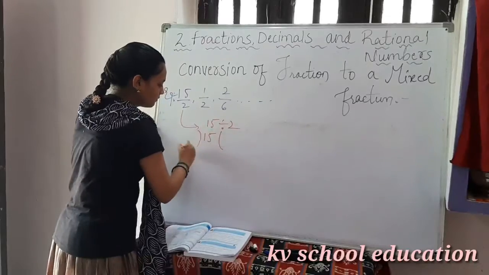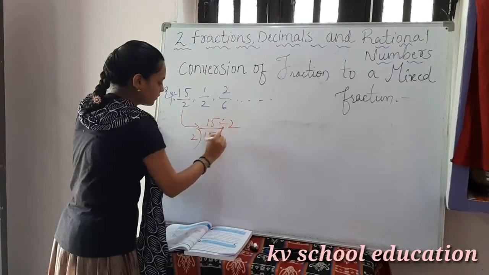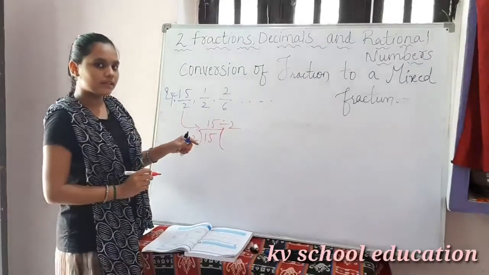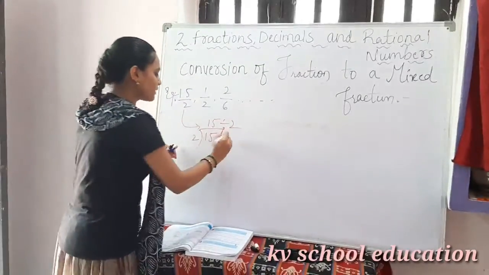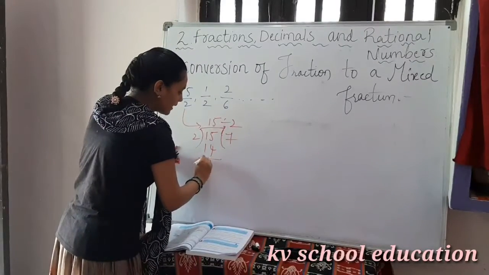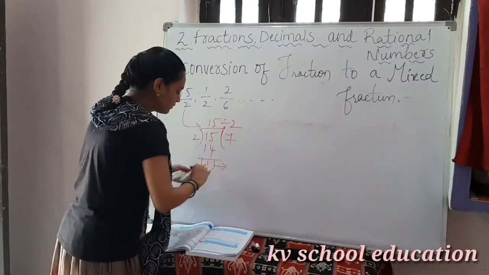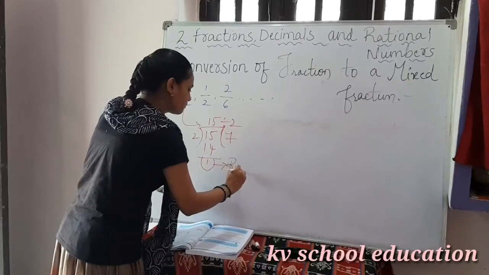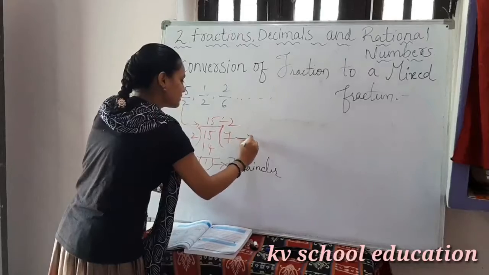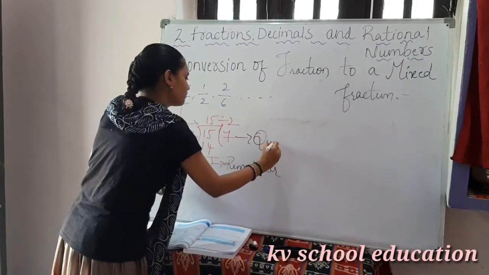In the 2 table, 15 is not possible, so we will take the nearer number. So 2 sevens are 14. The remainder is 1. This is the remainder, and this is the quotient.